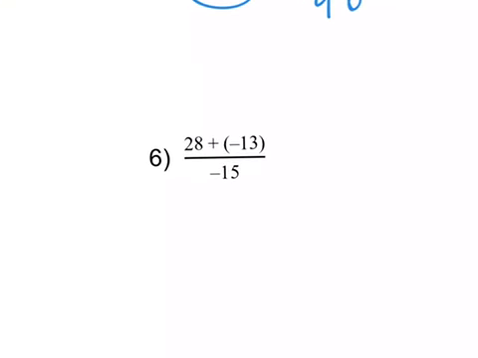And then on number 6, we kind of have to go back to the adding and subtracting rules. So I need to circle my numbers with the signs in front and remember those addition and subtraction integer rules. So I have a positive and a negative. Remember, same sign, add and keep, different sign, subtract. So 28 minus 13 gives me 15.